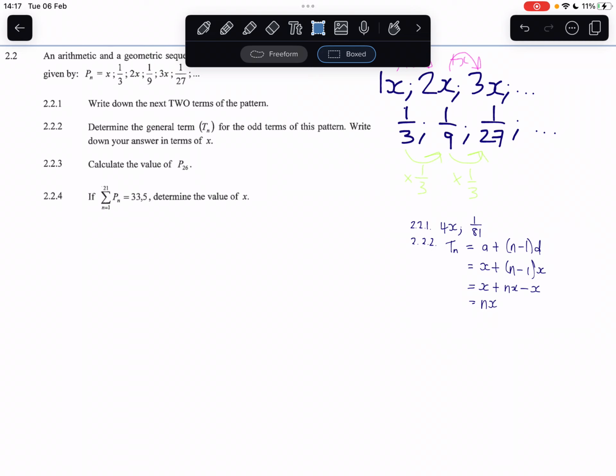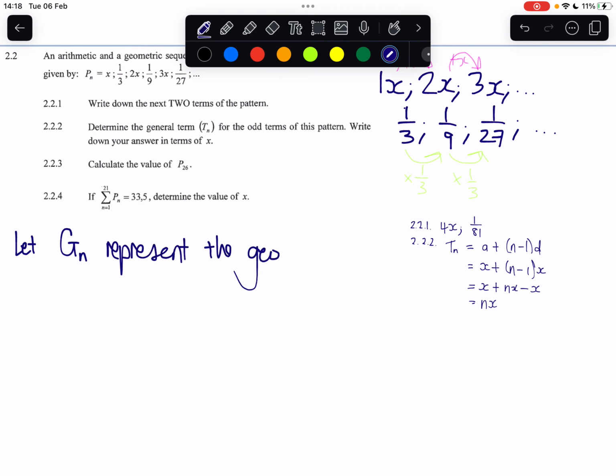Right, so now we're asked to calculate the value of P26. P26 is a term at an even position, so we're looking at the geometric sequence. What would be useful is for us to let Gn represent the geometric subsequence, if you can call it that.